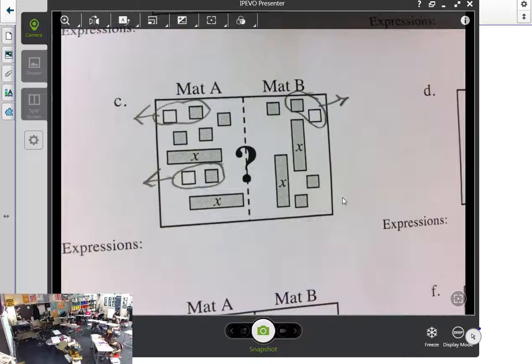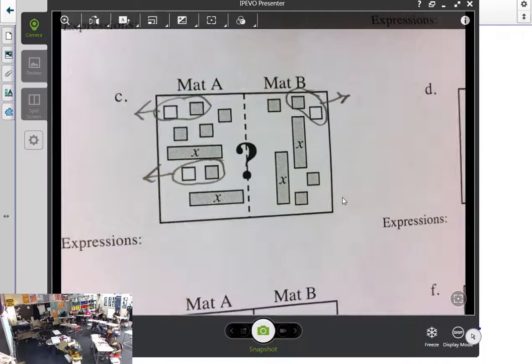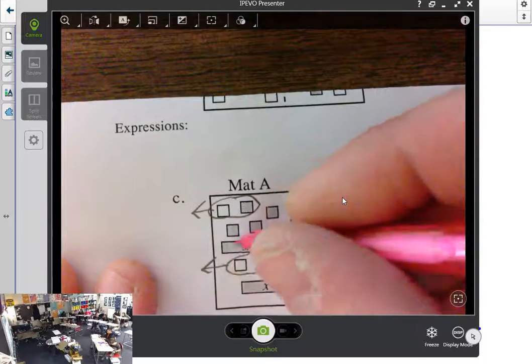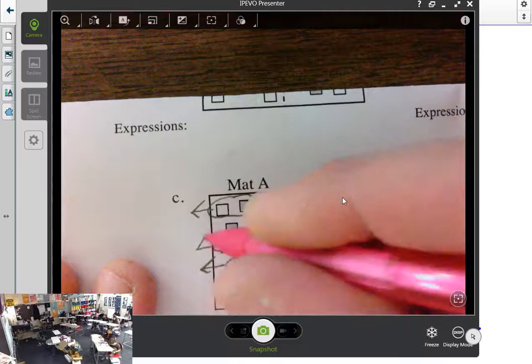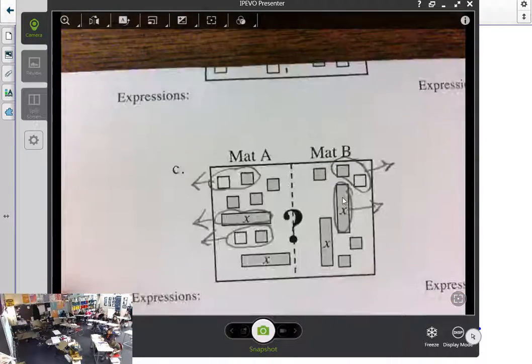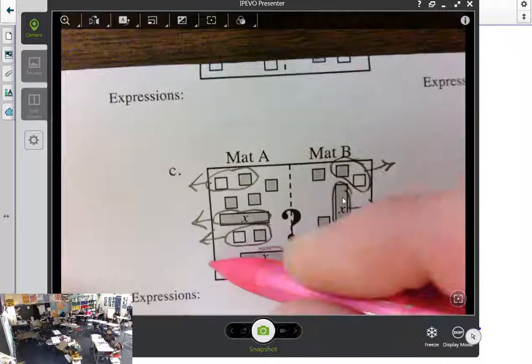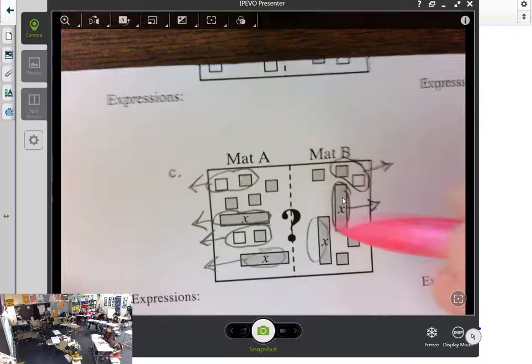Anybody find any balanced pairs? Allie, what do you think? Are there any balanced pairs, things I can get rid of from each side? X. So if I get rid of this X, I gotta also get rid of this X. Am I done? There's another set of X's. So this X, get rid of that, and this X, get rid of that.